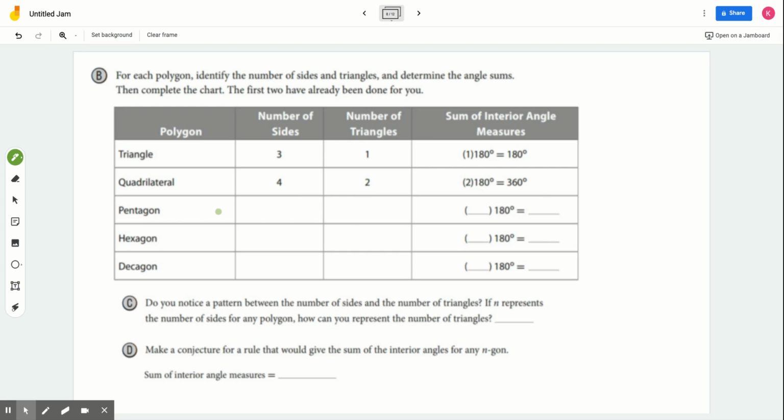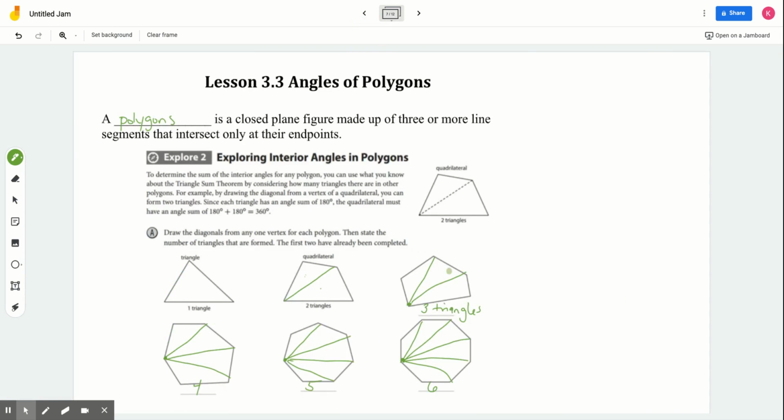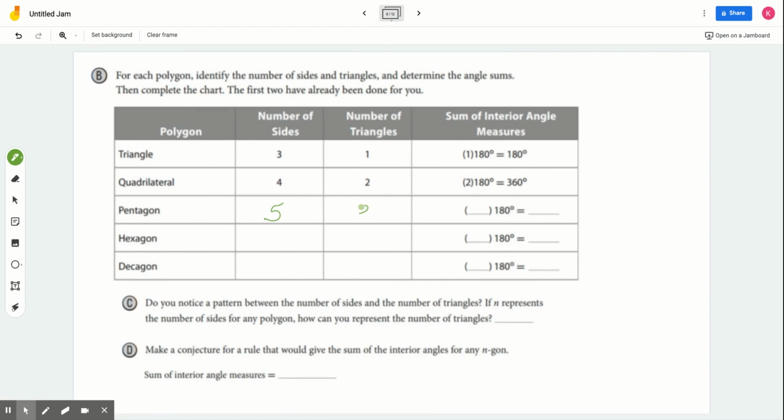So for the pentagon, we know the pentagon has 5 sides. And if we go back to the previous page, we saw that it was split into 3 triangles. And we can take this number times 180 to find that a pentagon has 540 degrees.